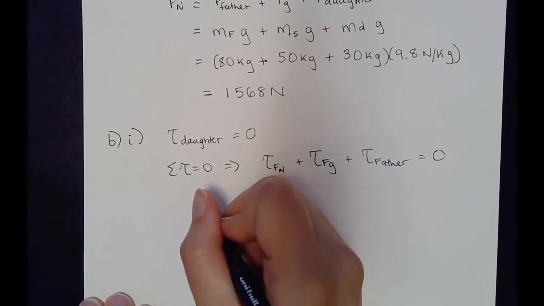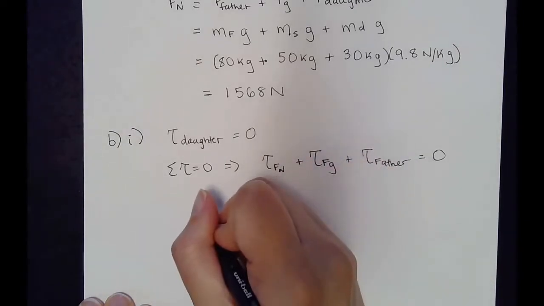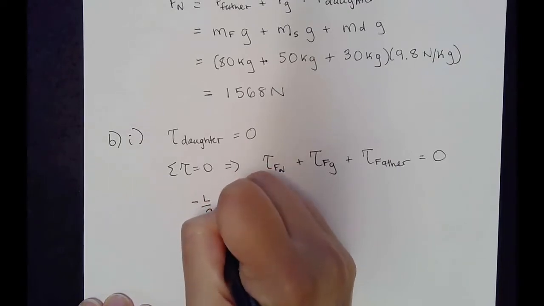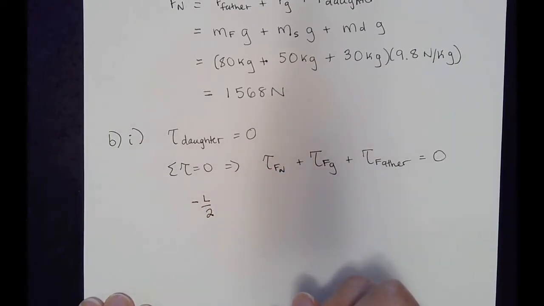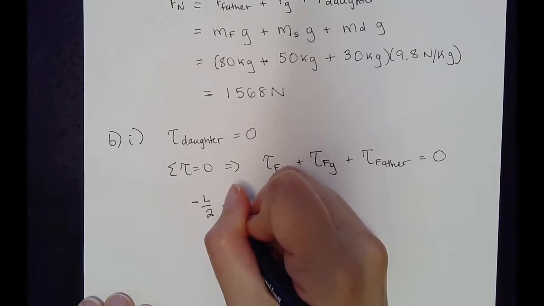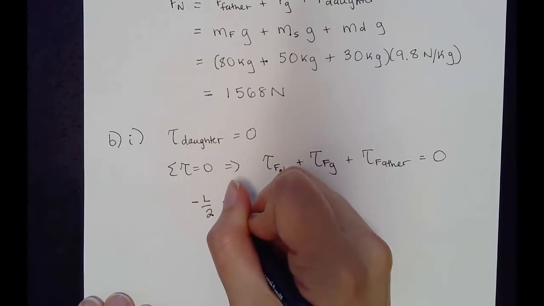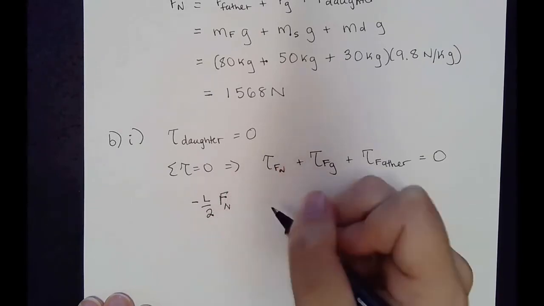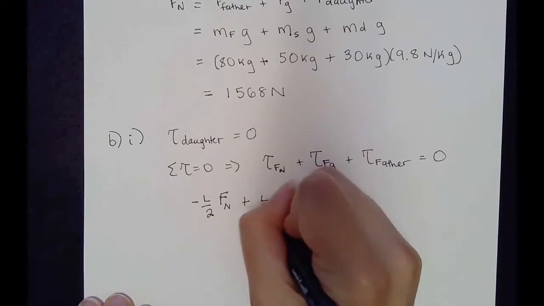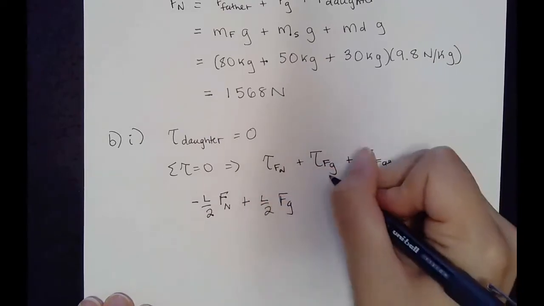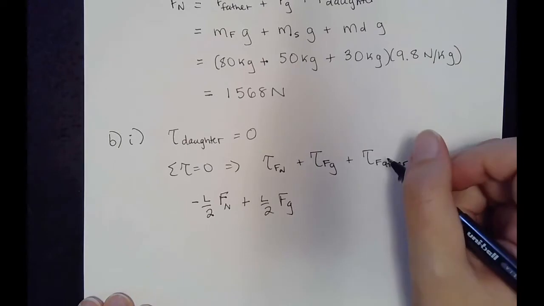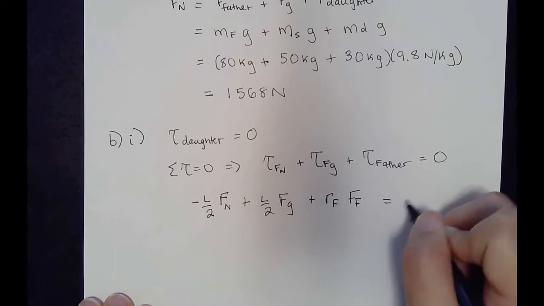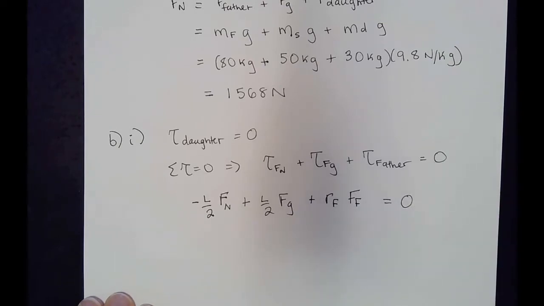Okay, so starting with the torque due to the normal force, this was negative L over 2, since it's halfway down the beam, negative L over 2 times the normal force, and then plus L over 2 times the weight for the torque due to Fg, and the torque due to the father will be plus Rf, the unknown, times the force of the father, which all add to 0.